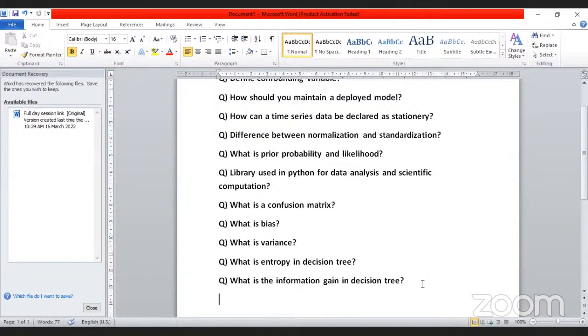Okay. See, when we want to grow the tree, which of the nodes we have to consider to grow our tree, right? So for that reason, we are using the information gain.